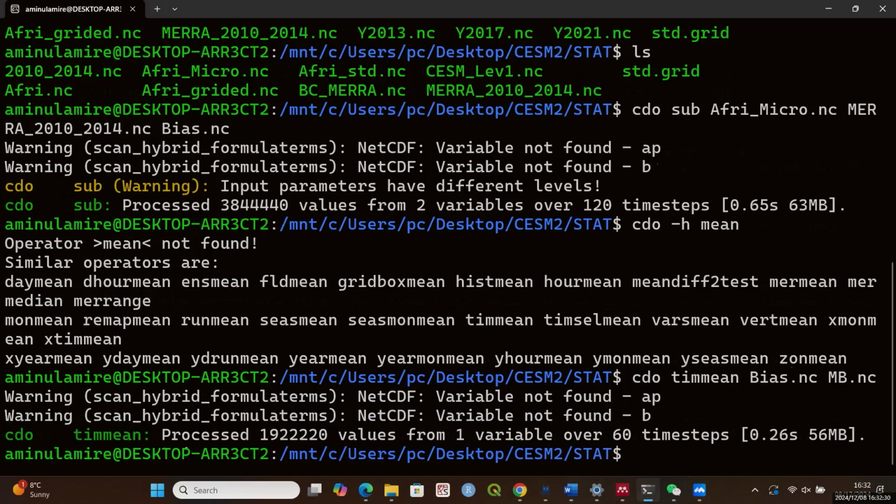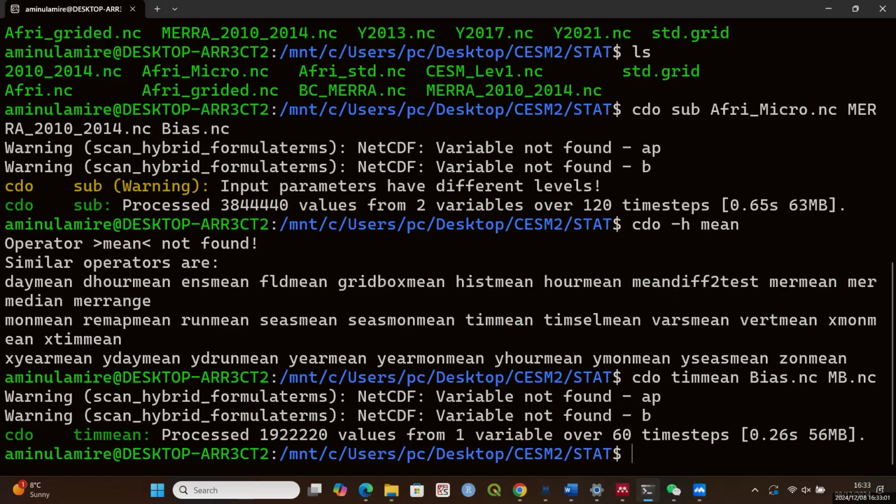This is the first month, and these are the differences after calculating this and this one. Then the remaining ones up to 2014 are also differences.